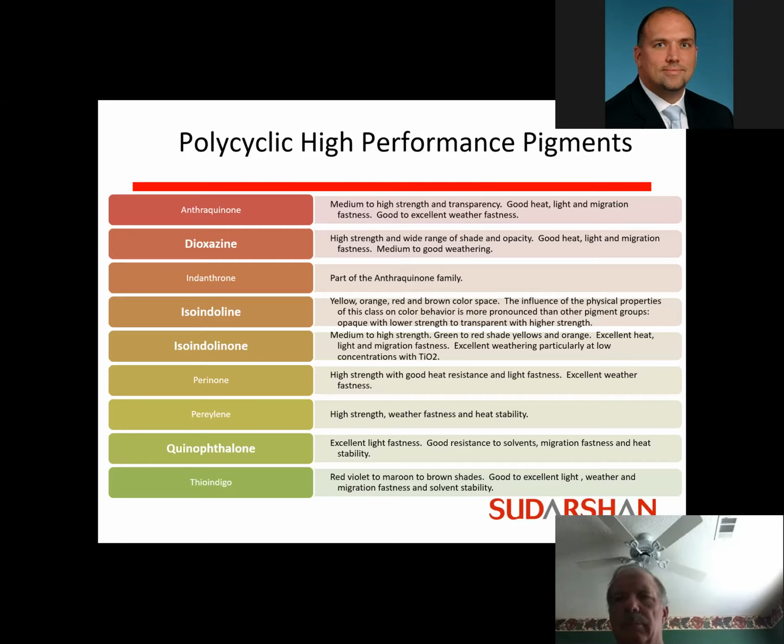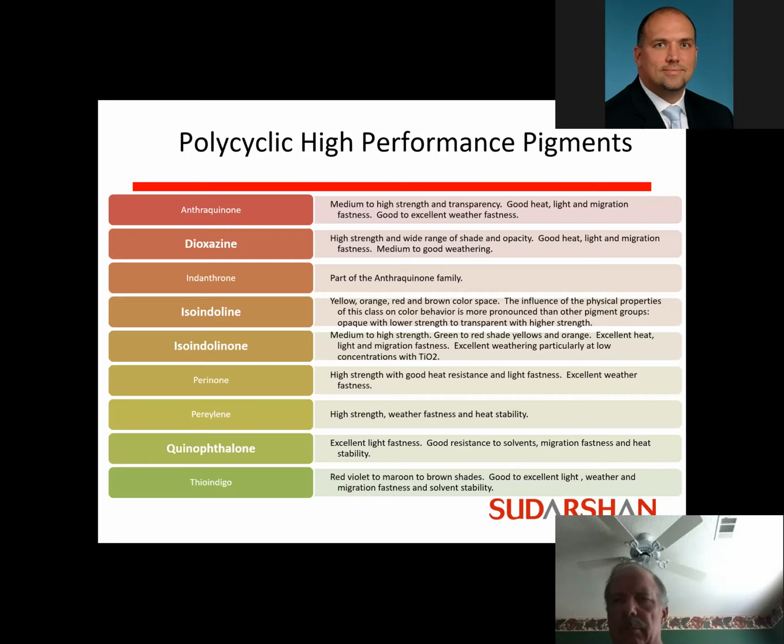The isoindolinones provide medium to high strength, typically are green to red shade yellows, and a couple of oranges exist in this color family. They have excellent heat, light, and migration fastness, and excellent weathering properties, especially with TiO2 at low concentrations of organic pigment.